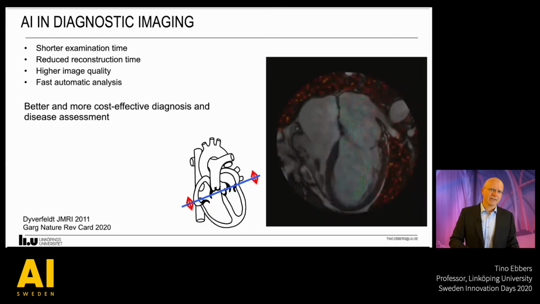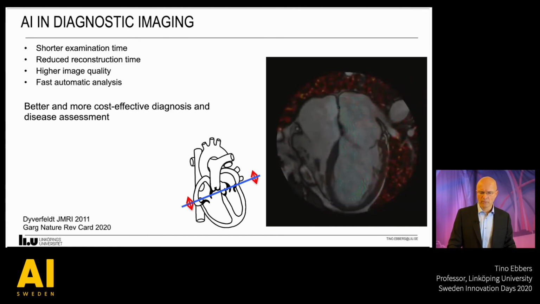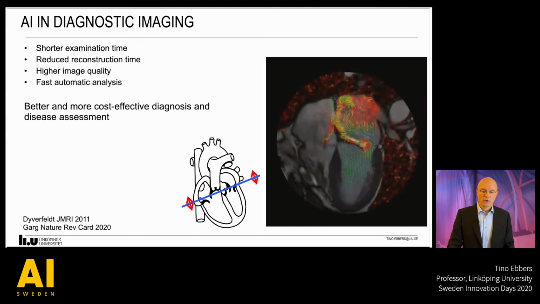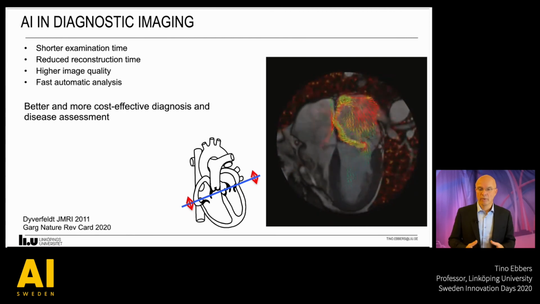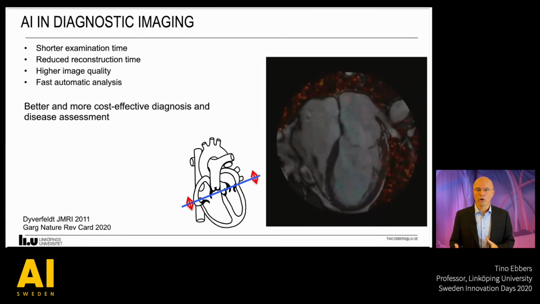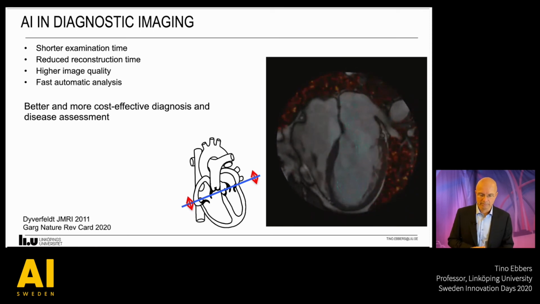If we go back again to my little example there, 4D flow MRI, what does it mean for 4D flow MRI? Of course, all these, but together it will also allow suddenly the use of 4D flow MRI in new applications where before we said, oh, this is too complex or too difficult or takes too much time.